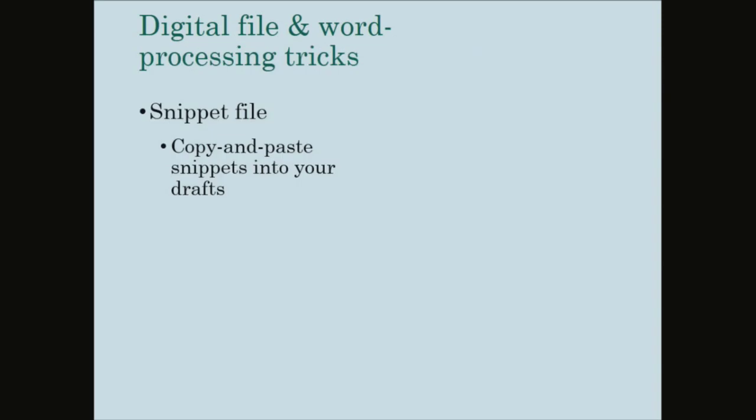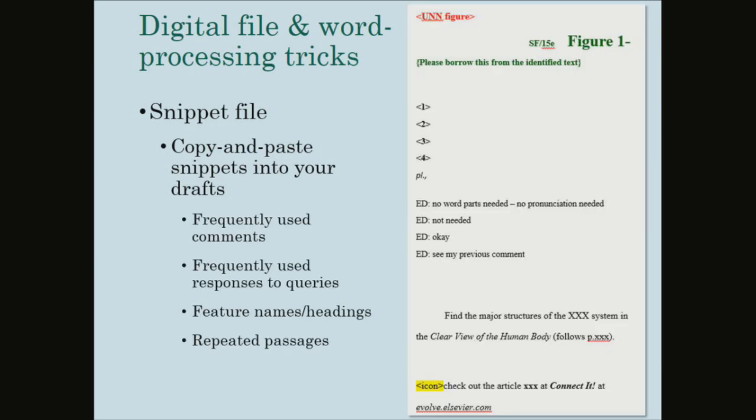Another thing, a recommendation I have, a little practical, helpful hint, is having a snippet file. This is a file of things that you use frequently. So here's just a few of the little snippets I have in the snippet file I used most recently, where you'll go through either the art draft or the manuscript draft, and there'll be queries from the copy editor.